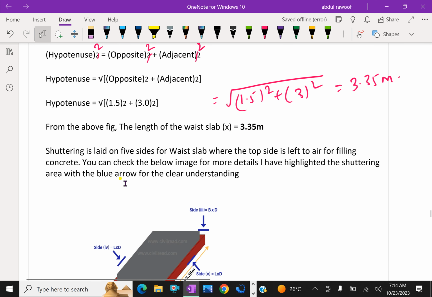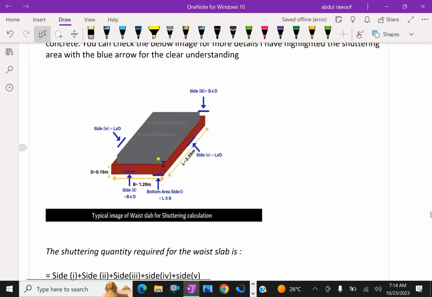And shuttering is laid on 5 sides of the raised slab. Look at here, this raised slab has 5 sides: left, right, front, back, and bottom. So 5 areas are there.